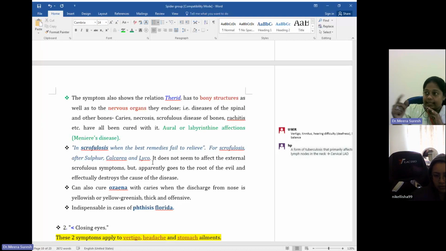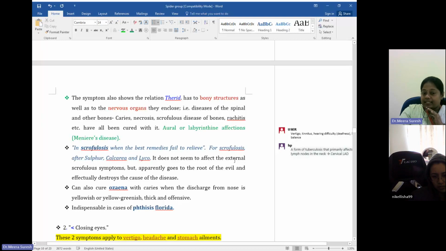So in case of psoric miasm, the deep one, when it is highly constitutional or deep dyscrasias, if we are giving sulfur, usually we follow, if the symptoms are indicated, this pathway: sulfur, calcarea, lycopodium.